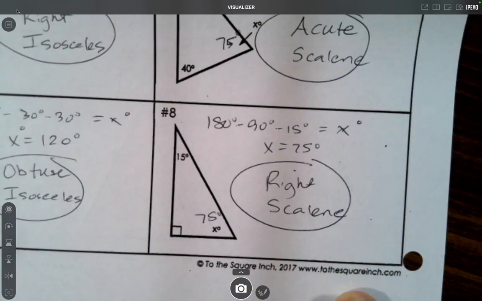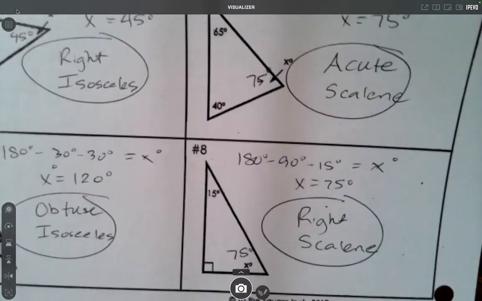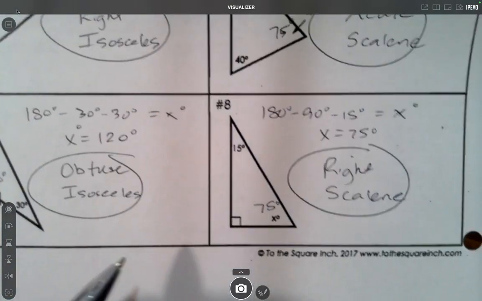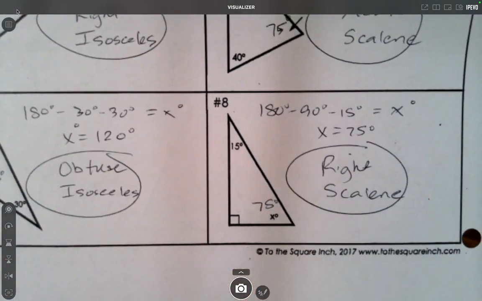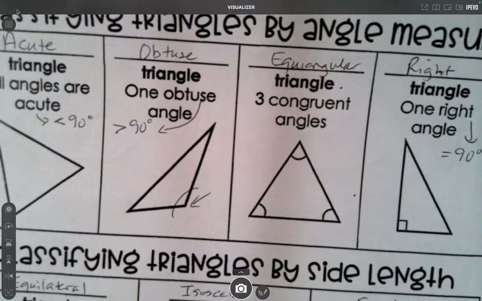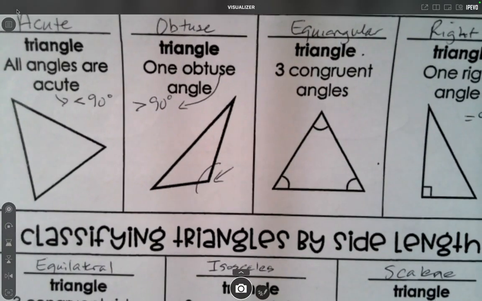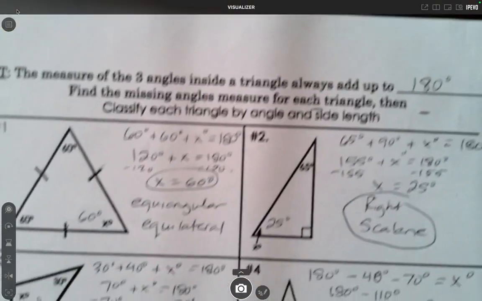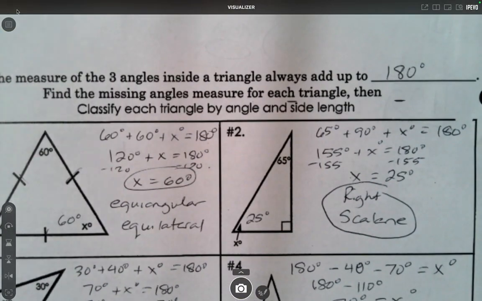I don't mean all the number possibilities, but as far as combining the terms, because we got right isosceles in number 5, we got right scalene in number 8. So make sure you make a point to memorize these terms and understand what they mean, because this is essential for understanding how to describe triangles. And remember that the 3 angles inside a triangle always add up to 180 degrees.